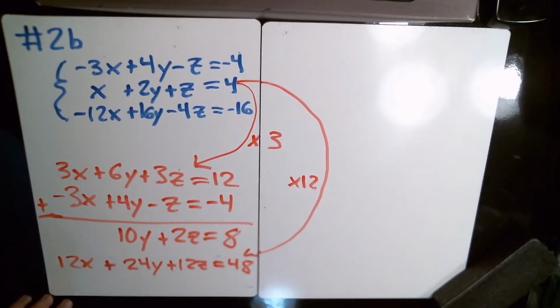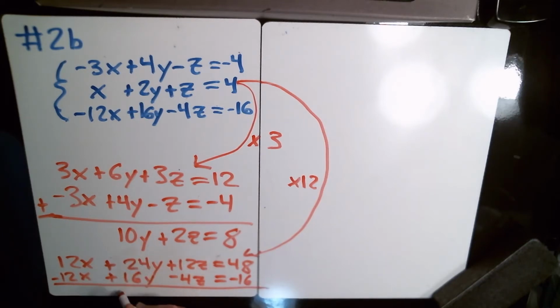We add it to negative 12x plus 16y minus 4z is negative 16. Those are getting to be big numbers. Adding them together, the x's cancel out.